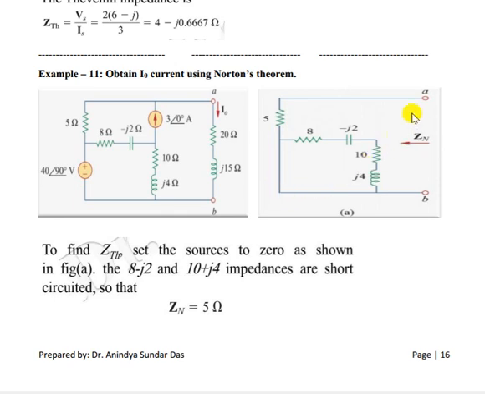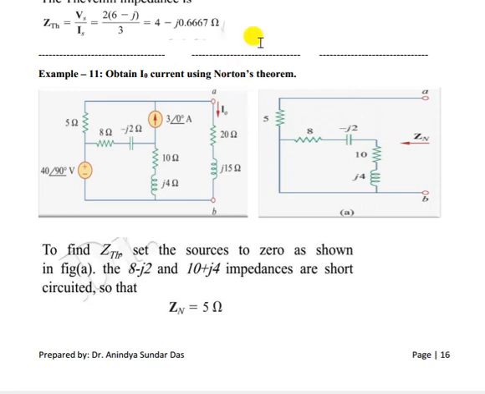Now if we look into the circuit, what we can observe is that if this current is flowing through this 0.5 ohm, it can divide into two parts. But this is short circuited, right? Now this total impedance is in parallel with a short circuit.